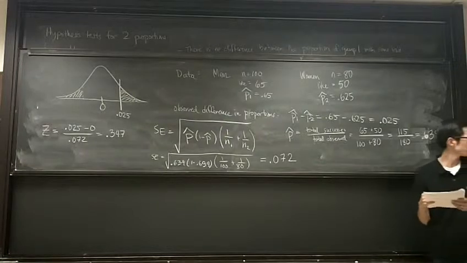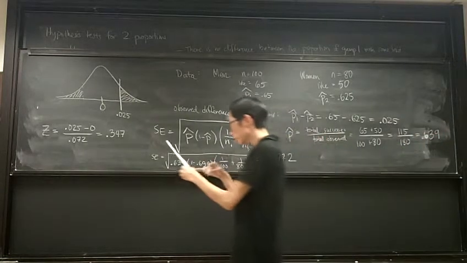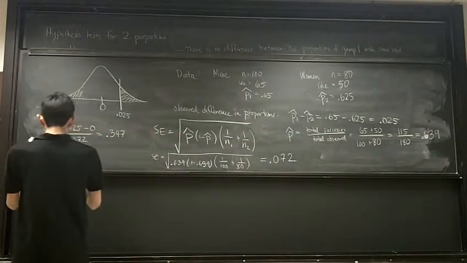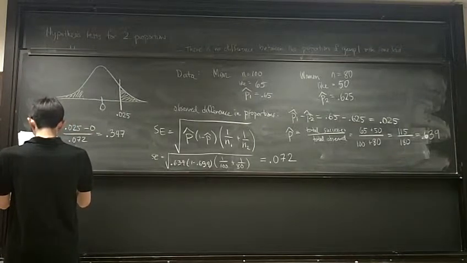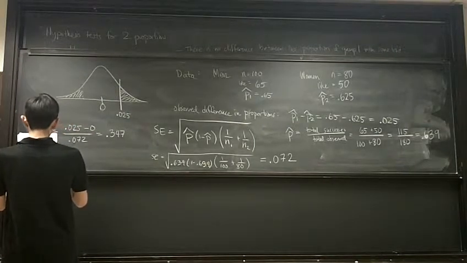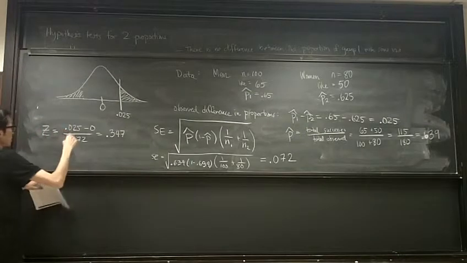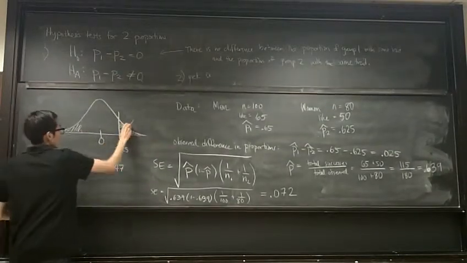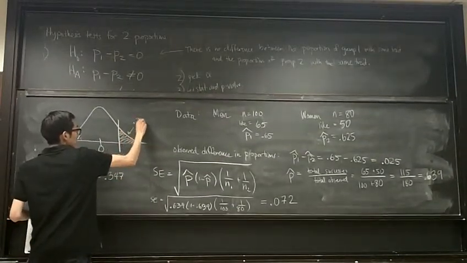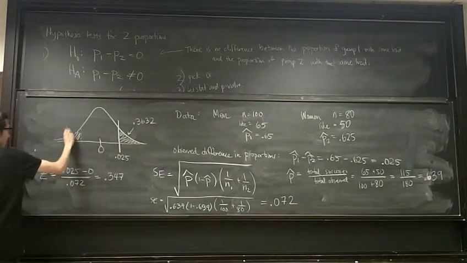And the area that I get in the z table, if I look up 0.35, is 0.3632. So in one tail, I have 0.3632, and then I double it.